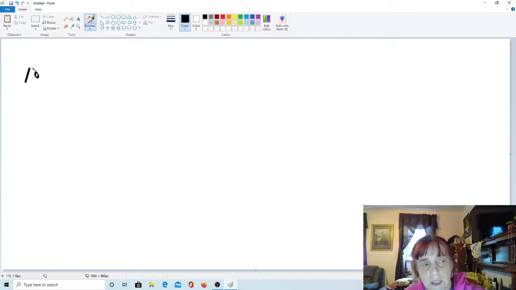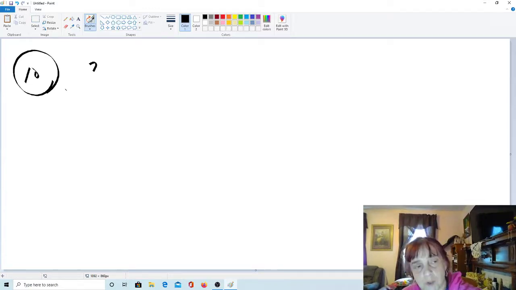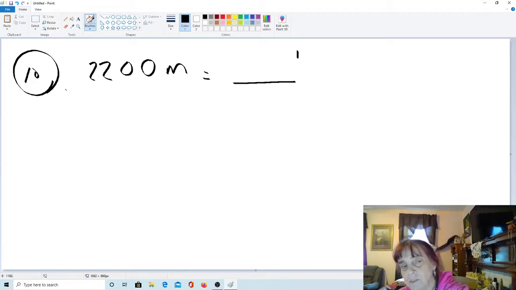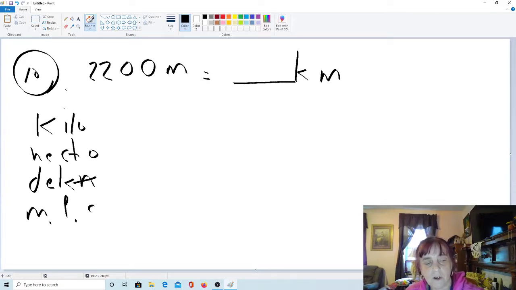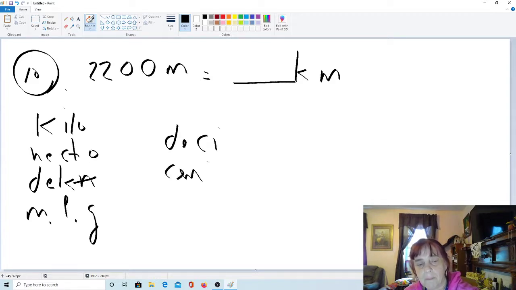Okay, and number 10, 2,200 meters is how many kilometers? Again, you have your chart: kilo, hecto, deca, meter, liter, gram, deci, centi, milli.